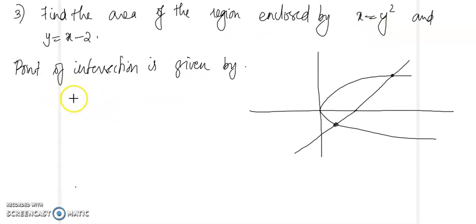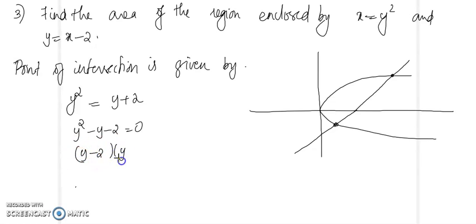So here let me take the equation in y. So you will have y square equal to y plus 2. So y square minus y minus 2 equal to 0. So you will have y minus 2 into y plus 1 equal to 0. So y is 2 and minus 1.